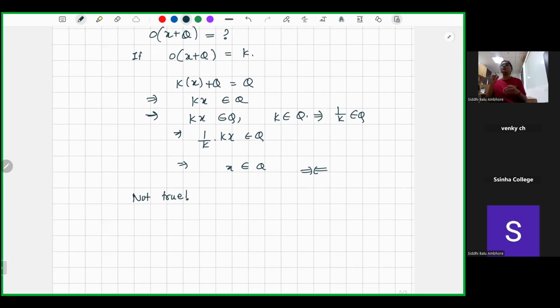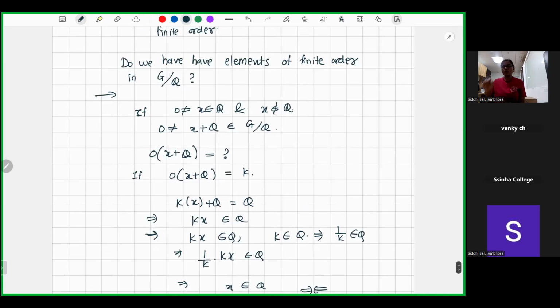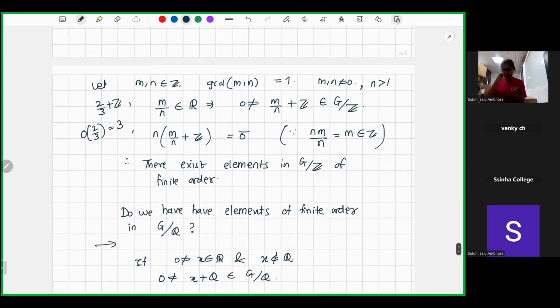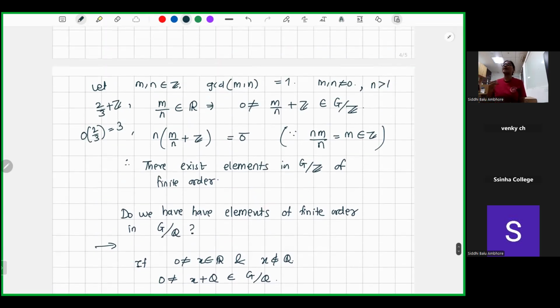Okay, so no non-identity element in G quotient Q has finite order. Every element in G quotient Q has infinite order. But in G quotient Z, we have infinitely many elements which have a finite order.